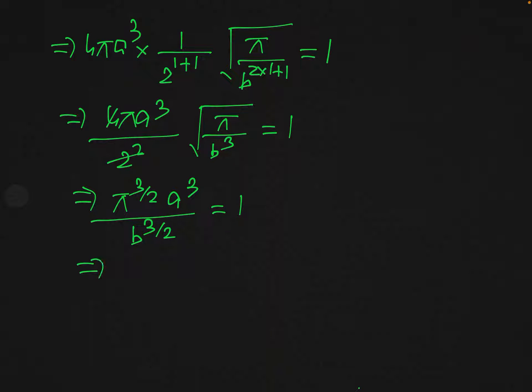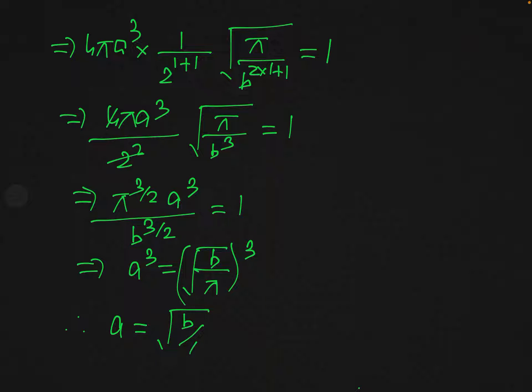And so you can write a cube is equal to b over pi, square root, and whole to the power 3, and therefore you can easily say that a is simply equal to square root of b over pi.